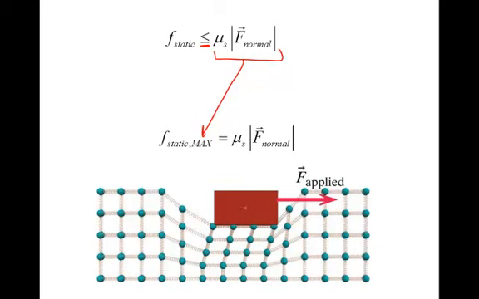So in this case right here, if there's an applied force, and if the applied force is less than this maximum value, then from my free body diagram, we have F applied in that way, and we have F in that direction. Since this thing is not changing velocity, not changing momentum, the net force in that direction has to be 0.